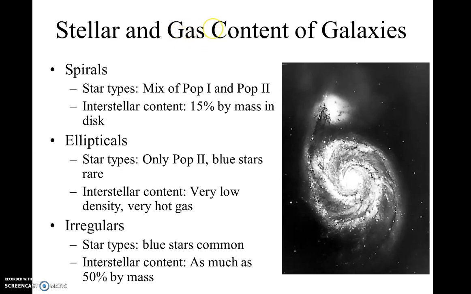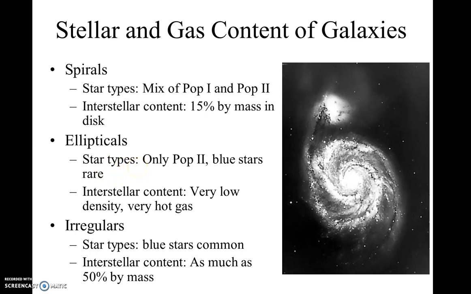So 15% of the mass is still gas and dust. And what's important about that is that it allows new star formation to take place in spiral galaxies, and that is exactly what's happening even in the Milky Way, where there are still new stars forming today.